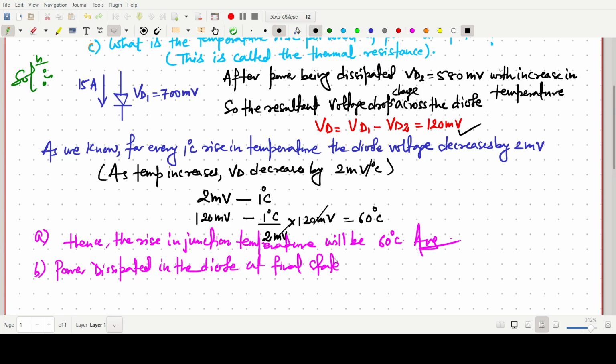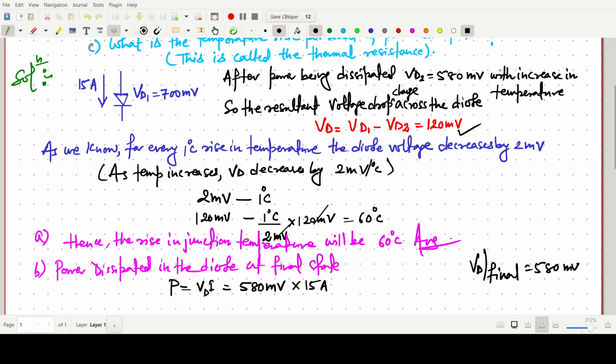Power equals VI. So what should be the V? Finally, 580 millivolt will be the V, because after power is dissipated, the voltage across the diode, VD final, will be simply 580 millivolt, into I, meaning how much current is flowing, already given 50 ampere.